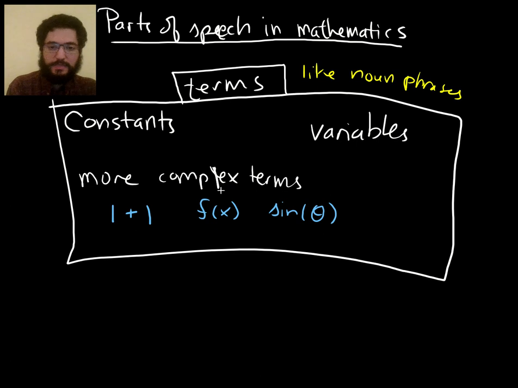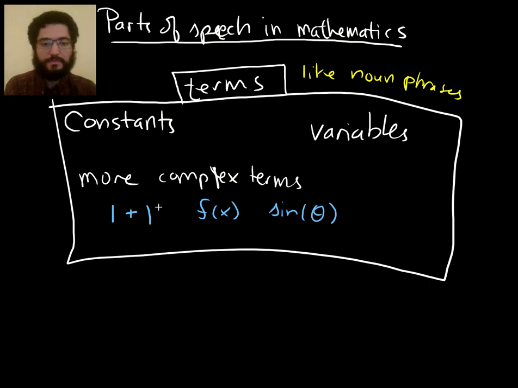So these are not constants. So this is not a constant, and they're also not variables. So what makes these terms is the grammatical rules that we provide to these kinds of symbols. Plus in this case, the parentheses in this case, and in this case.